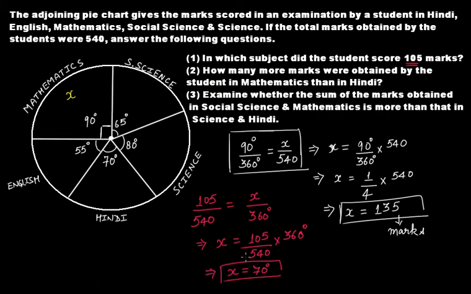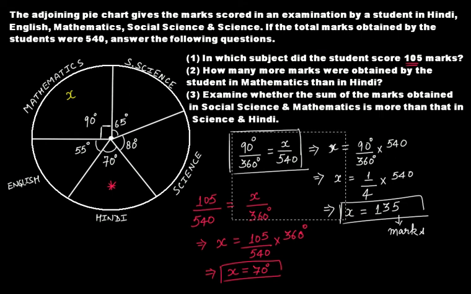That is, when a student gets 105 marks in a subject, the central angle that sector makes in this pie chart will be 70 degrees. So that sector is which one? It is this one. So 70 degrees is for Hindi.